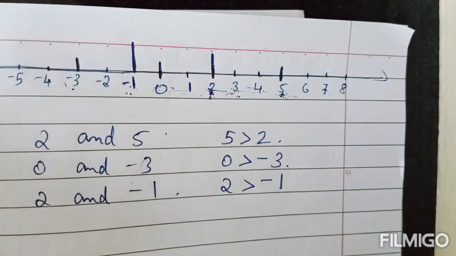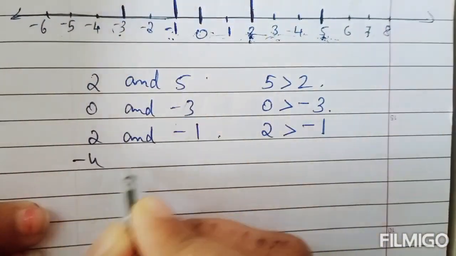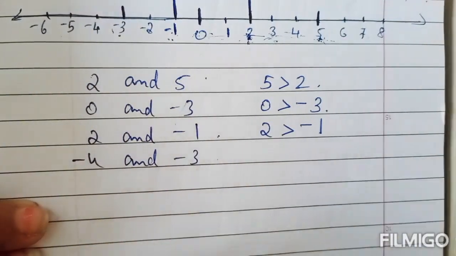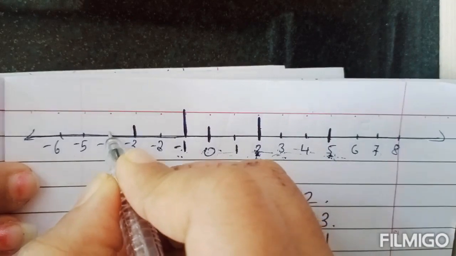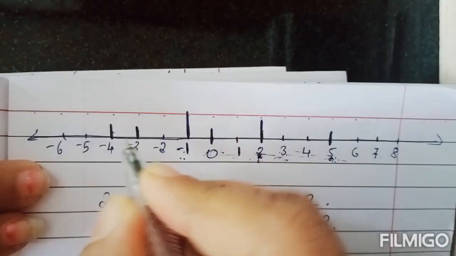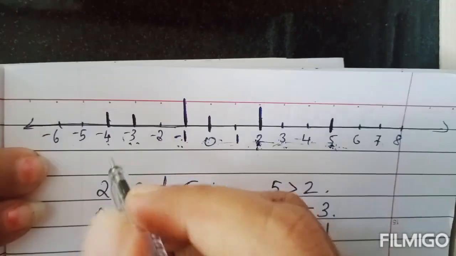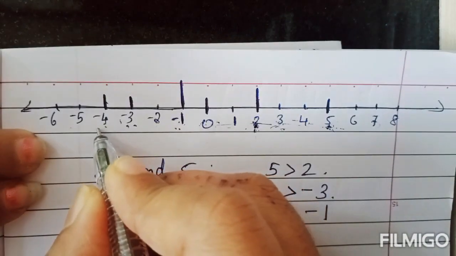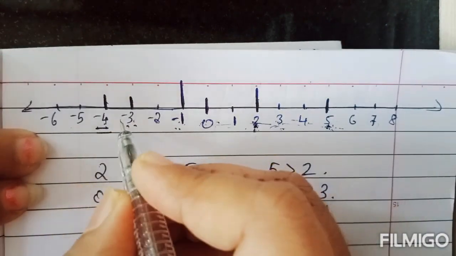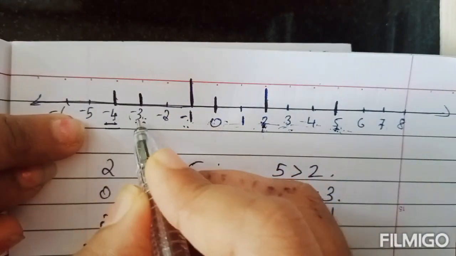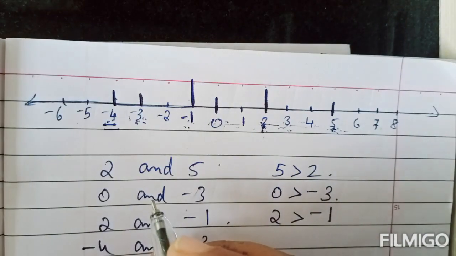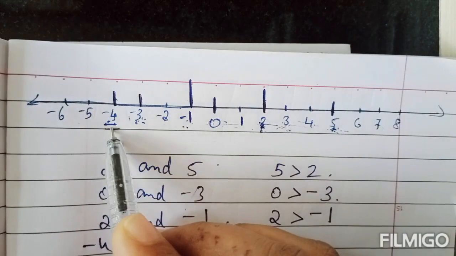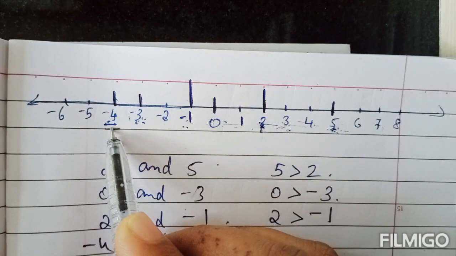Now minus 4 and minus 3. Let us check. Here you can see minus 4 is to the left of minus 3. The integers on the left side are smaller than the integers on the right side.